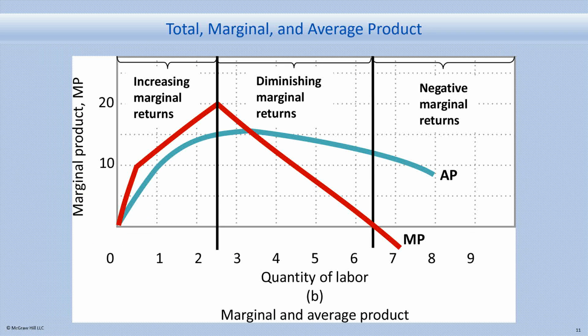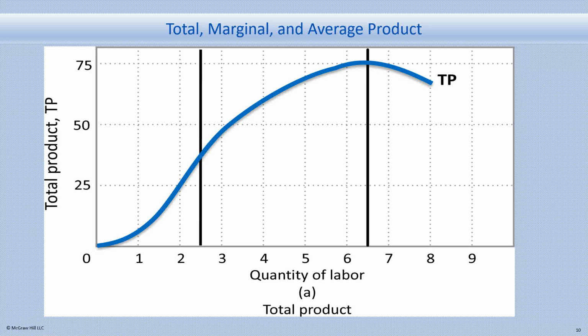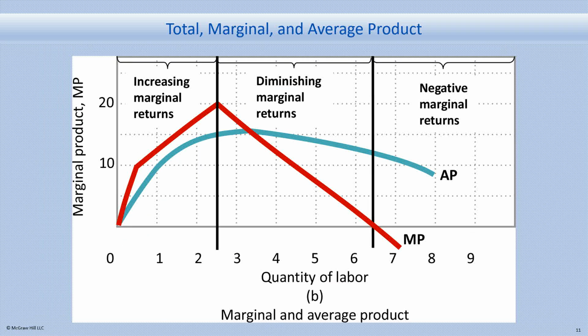All right, so we're going to see how this graph relates to this graph. What we see in this graph is with the red curve, marginal product goes up and then it goes down. It's U-shaped, but an upside down U, and so is the average product.